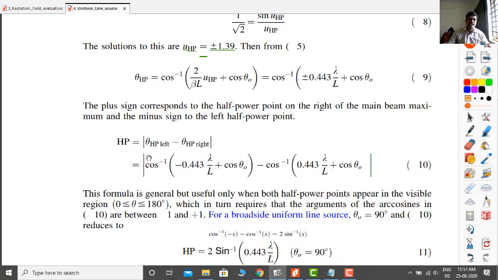Now the complete HP will be theta HP left minus theta HP right. That is the angle between these two that we need.